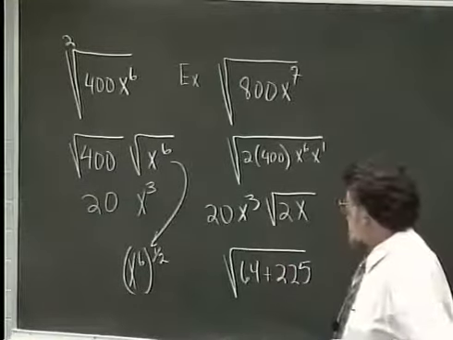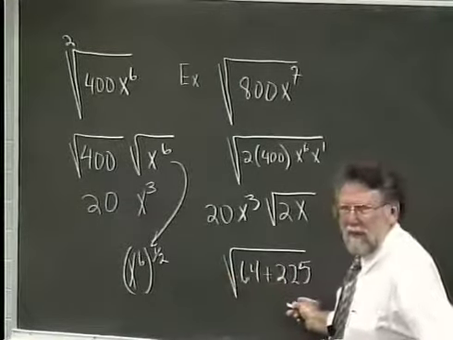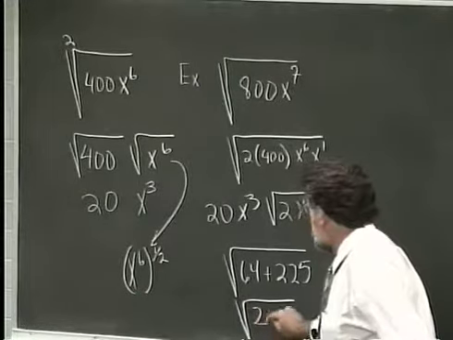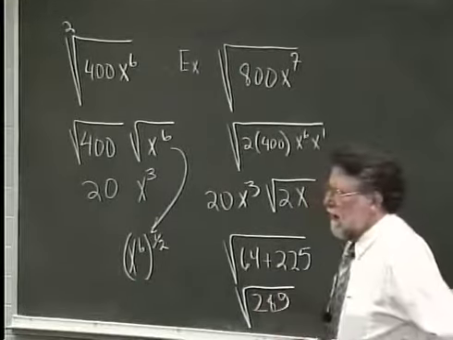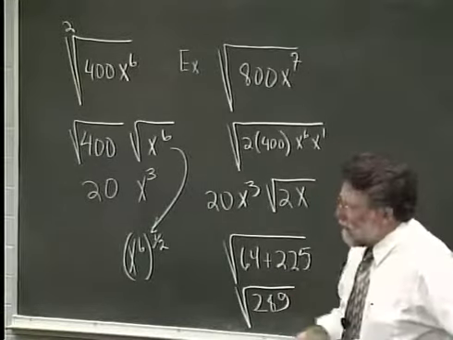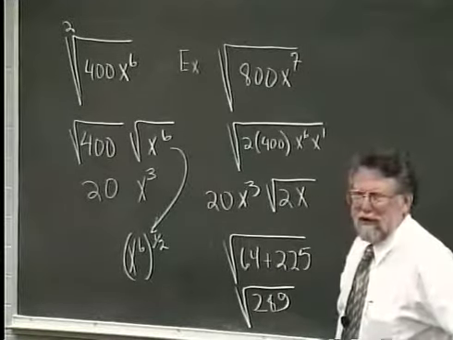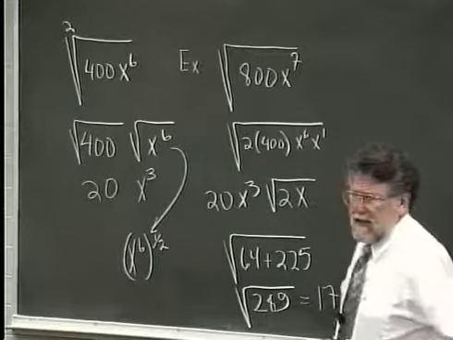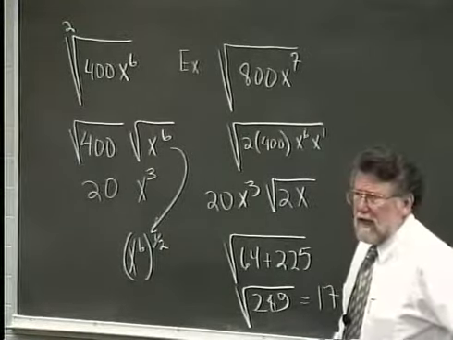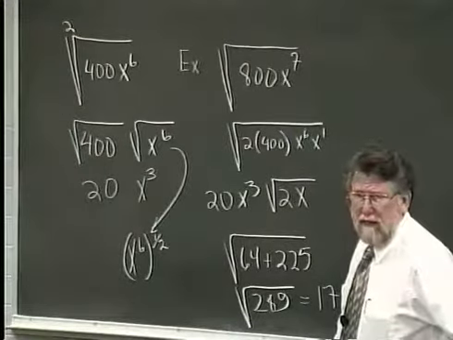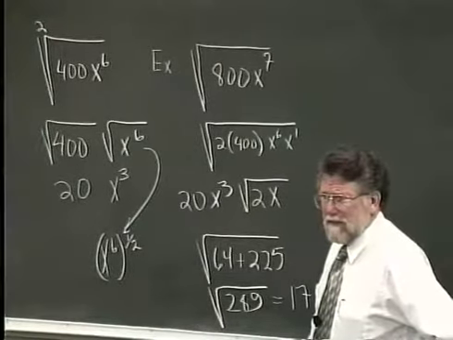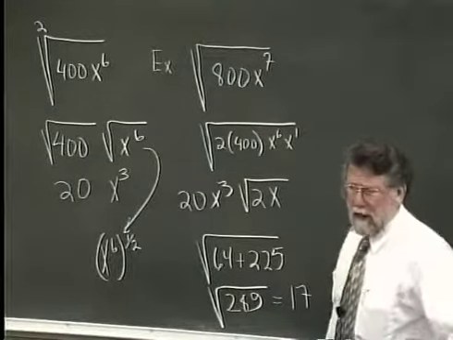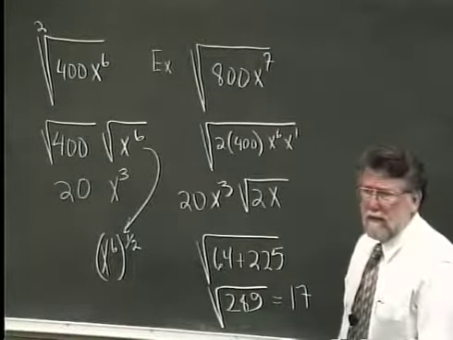So just a comment: you have to add first before you get the square root, and be cautious how you break these up. What may seem intuitive that it should work, you want to check to make sure the numbers are working. This comes out, of course, 17, and this is an 8, 15, 17 Pythagorean triple, which is a little different from what we've been doing. Any other comments or questions?